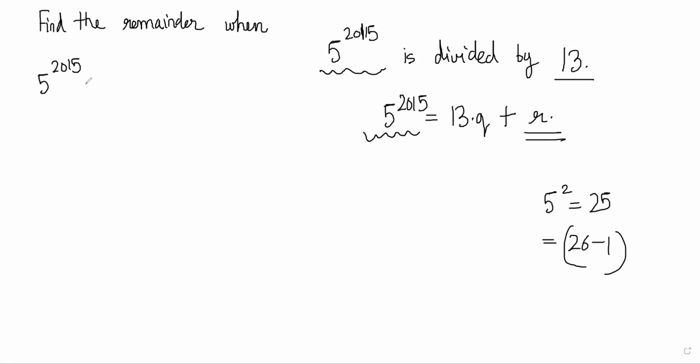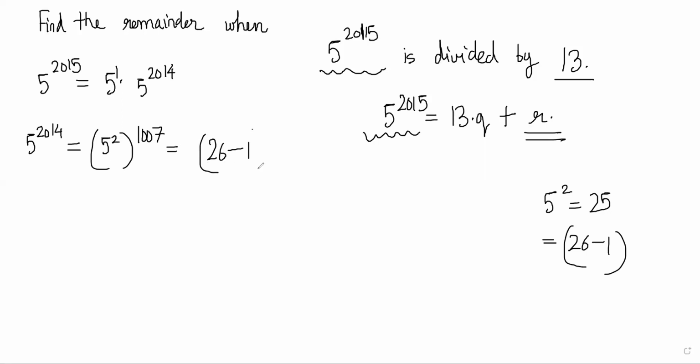So 5 power 2015 I can write as 5 power 1 into 5 power 2014. And 5 power 2014 I will write as 5 square into 1007, right? And this is 25, so this is 26 minus 1 to the power 1007, right?